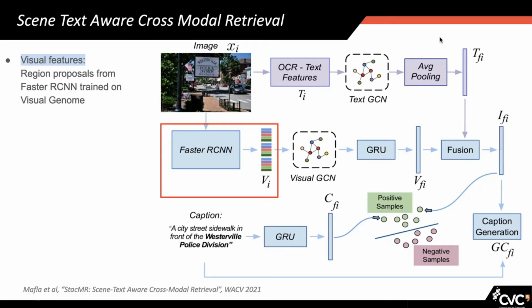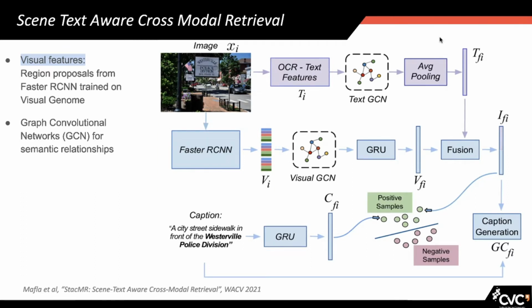At the end of passing these images through the Faster R-CNN, we end up with visual regions coming from bounding boxes, and some features. Then, as I explained in the previous session on Monday, we use a graph convolutional neural network to enrich the interplay among these visual regions.